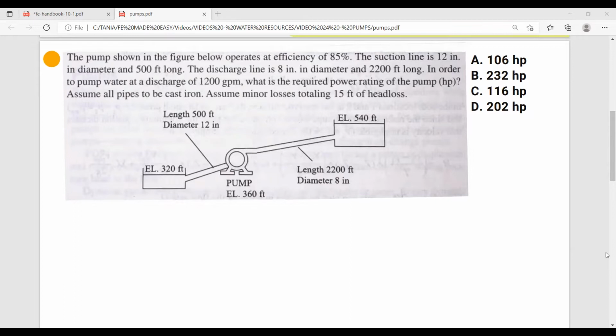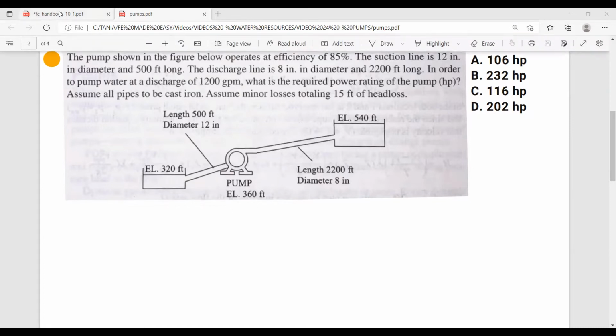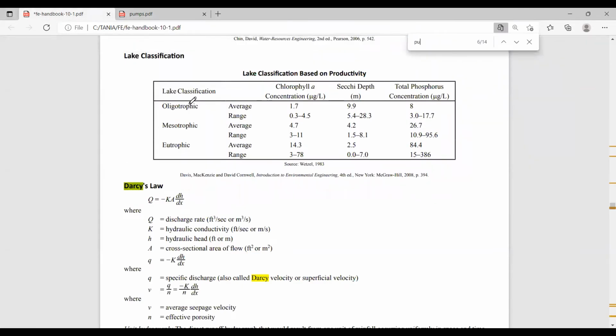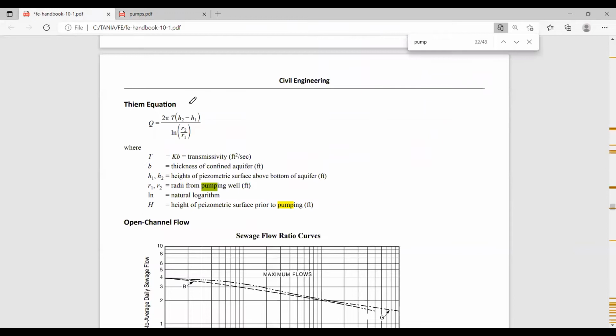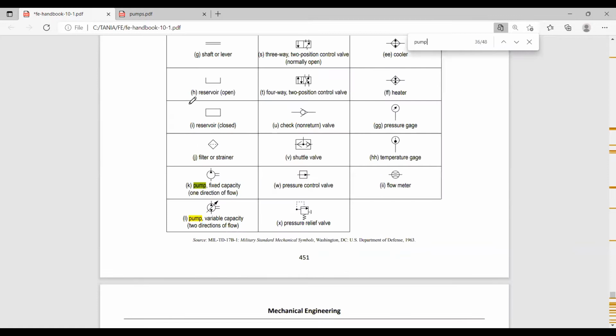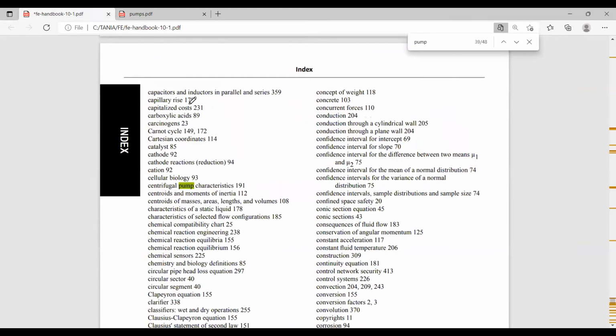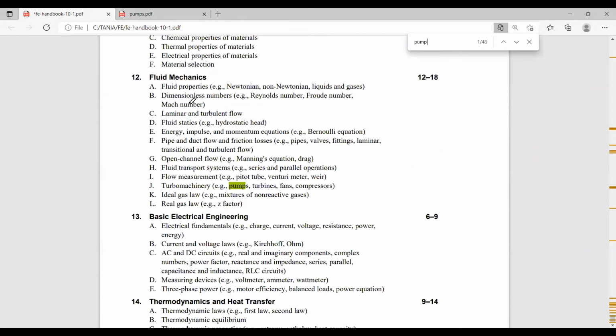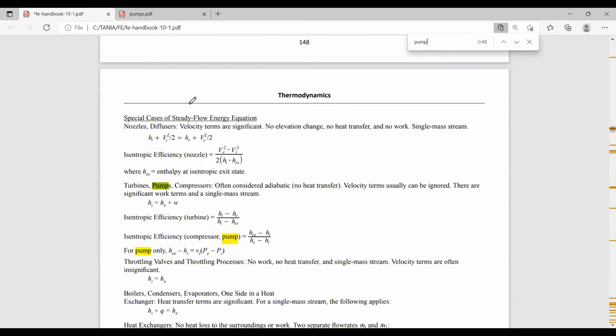Okay, so the problem is asking us to calculate the required power rating of the pump. I will go to the FE handbook and write down pump. I just need the formula for the power of the pump, and if I write pump, it should direct me straight to what I'm looking for.